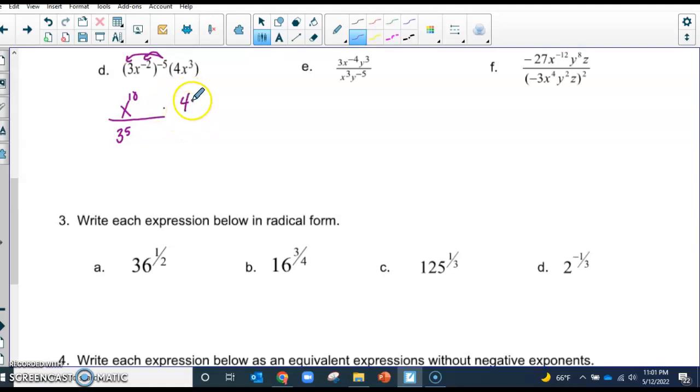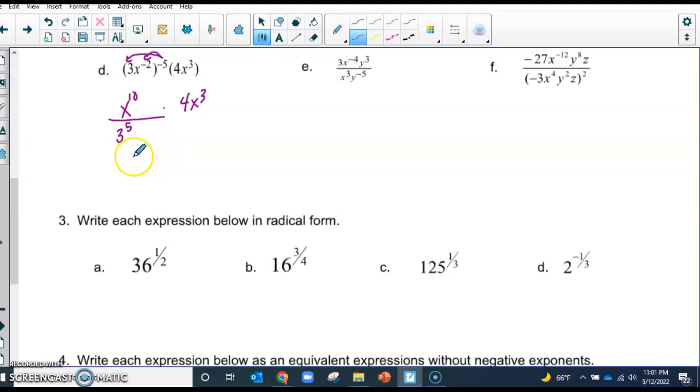And then over here, I've just got 4x to the third. 3 to the 5th. Make sure you can actually tell that that's an exponent.